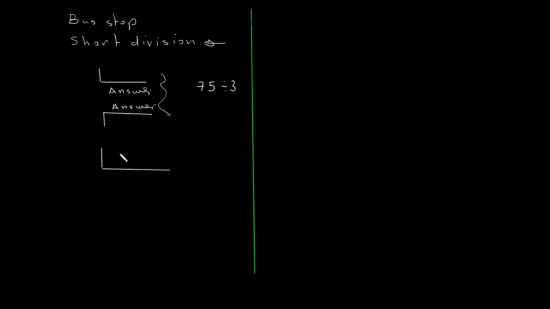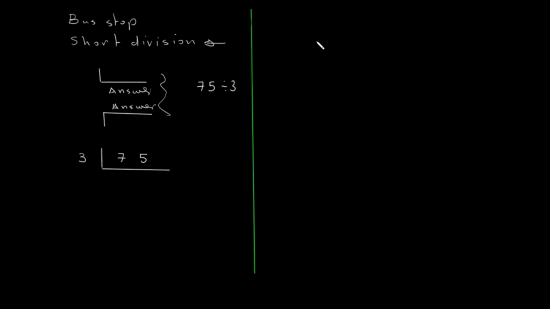We have our 75 in there, leave space, and I want to divide 3 into that. Now I'm going to go very basic on this. Let's go for blue. Going to divide the 3 first into that digit there, then into that digit there, but this one is going to change because there's a remainder.